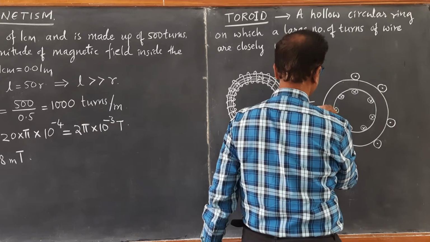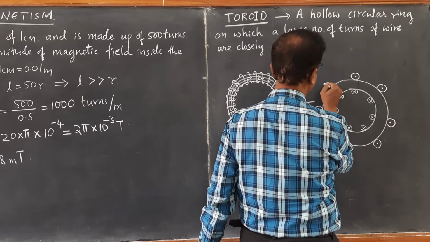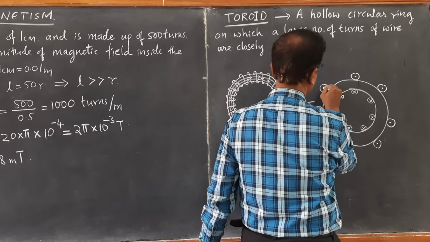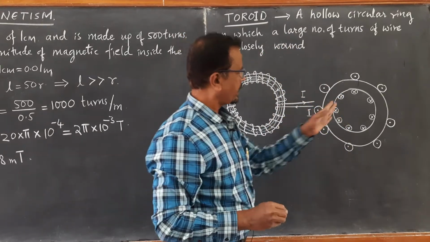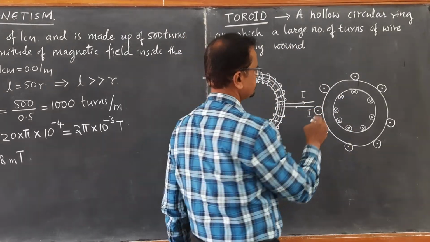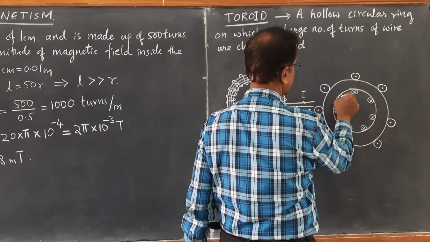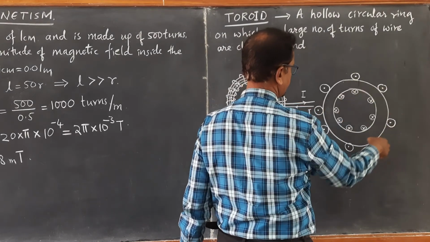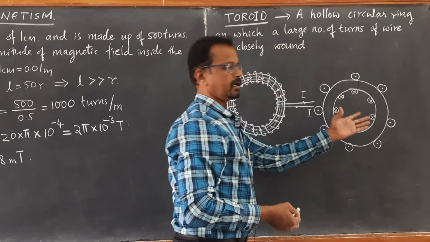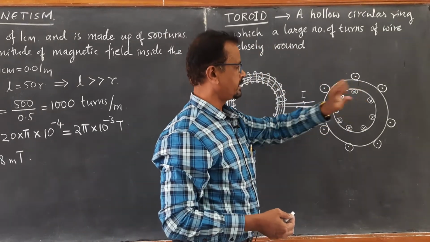So, dots represent the current emerging out of the plane, and crosses represent the current entering into the plane. So, this is how I have taken 1, 2, 3, 4, 5, 6, 7, 8, and 2, 4, 6, 8 I have taken on the exterior or outer radius.